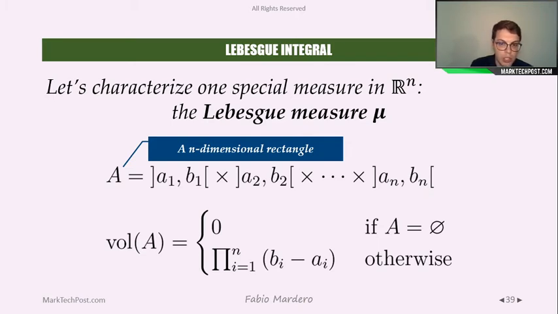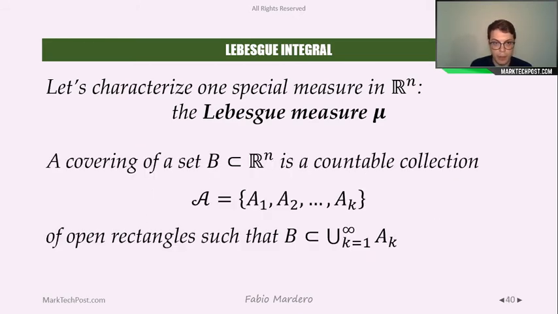But in normal conditions, here we have the length of the interval, and we multiply the length for each dimension. That's our volume. Seems fair so far. How can we get to the Lebesgue measure? Well, we have to define another particular concept, the concept of covering.